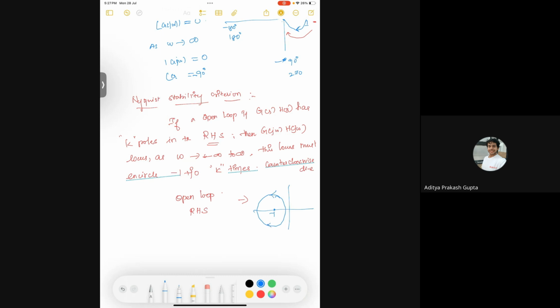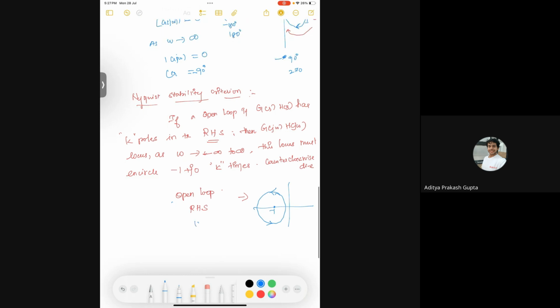This is a simple statement. If there are open loop poles in the right half of the s plane, there will be a counterclockwise encirclement around the minus 1 in the polar plot. The number of open loop poles on the right half equals the number of times the locus encircles minus 1 counterclockwise. This is what the Nyquist stability criterion tells you.